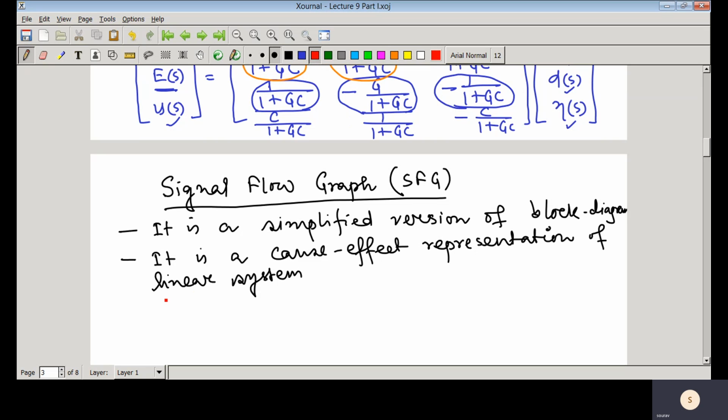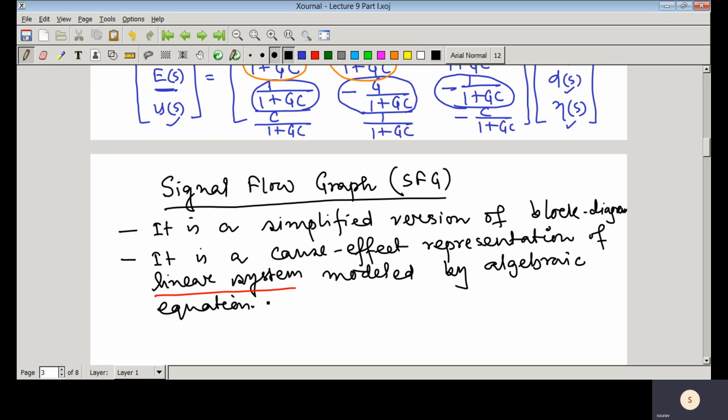That means it is applicable to linear systems only, modeled by algebraic equations.